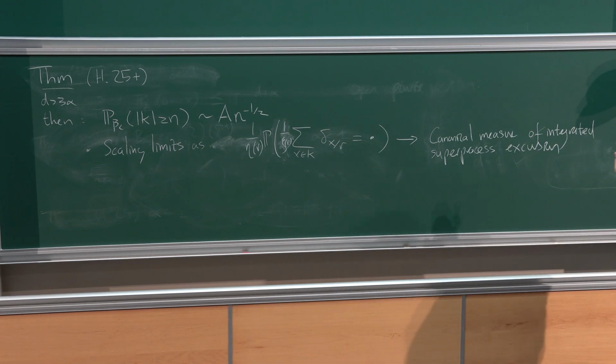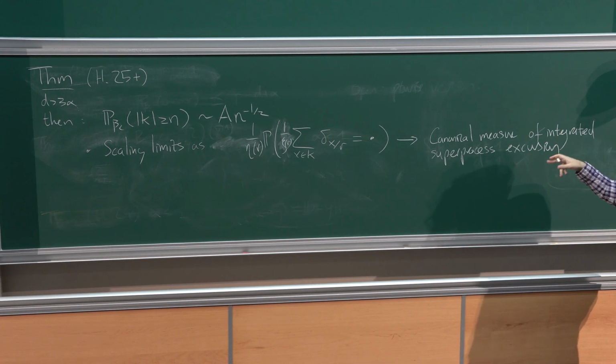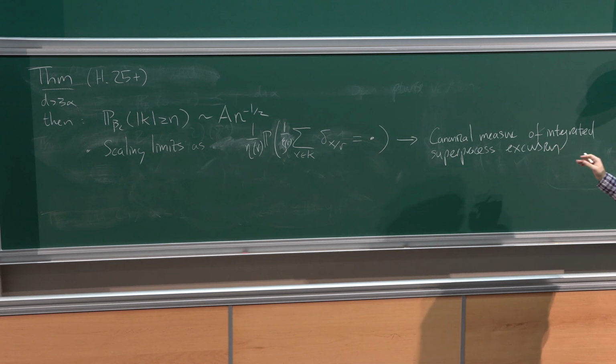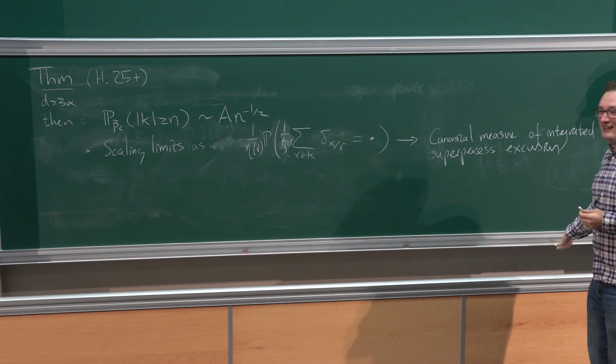So I won't say too much about what this is. I may say more later, but basically this is the same scaling limit as the branching random walk. That's perhaps the best way to understand this. Is this Brownian integrated super excursion? It's sometimes Brownian, it's sometimes Levy.